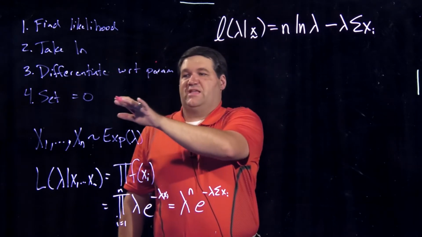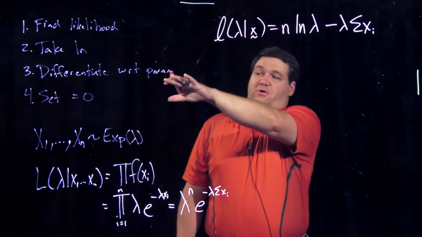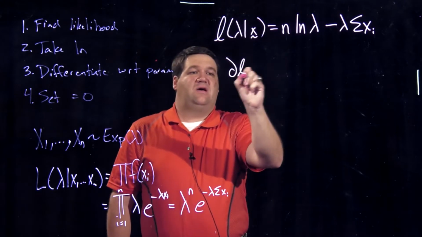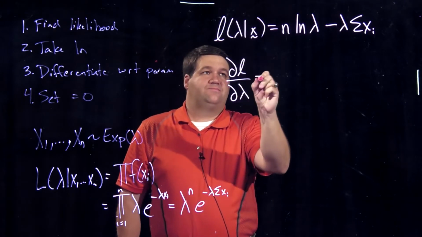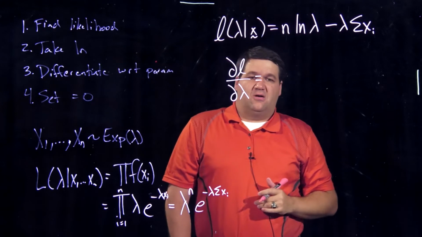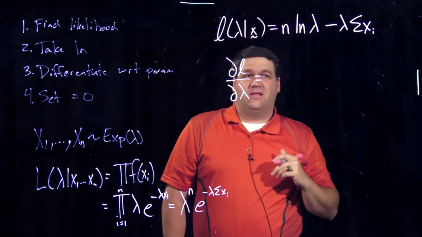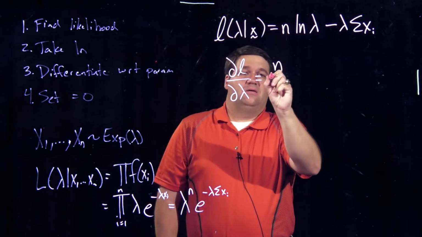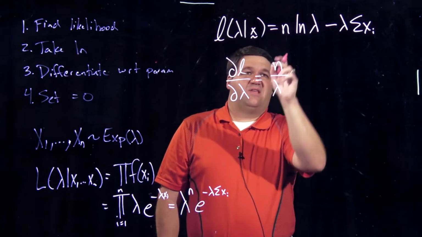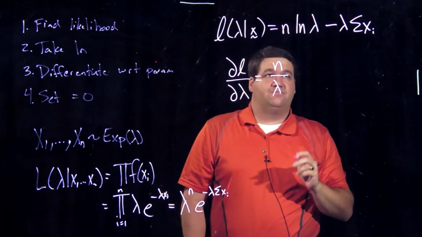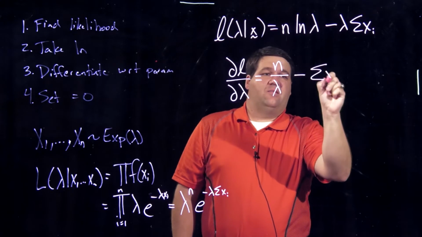The final step here is I want to differentiate, or third step, differentiate it. So dl d lambda. The derivative of the natural log function is 1 over lambda, so I'd end up with n over lambda. This is n times 1 over lambda minus the sum of the x's.